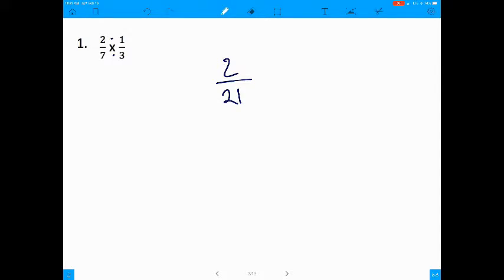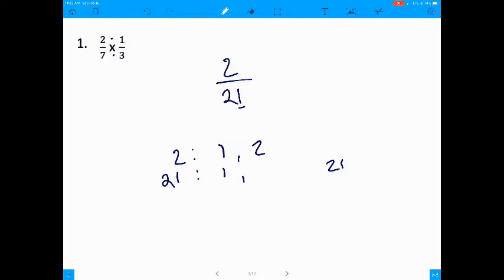It's always best to check and see if these things can be simplified, and to do that we have to write out the factors that can go into all the numbers. So the number 2, our factors are 1 and 2. For 21, we have 1 and 21. 2 will not go in there because it is odd.